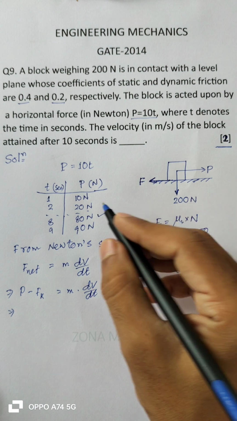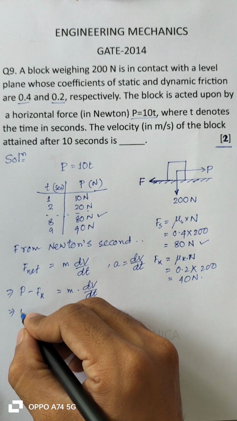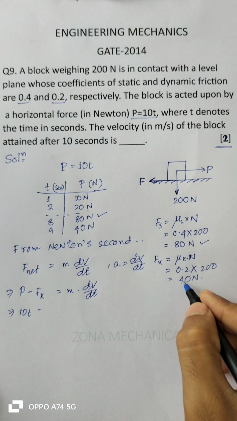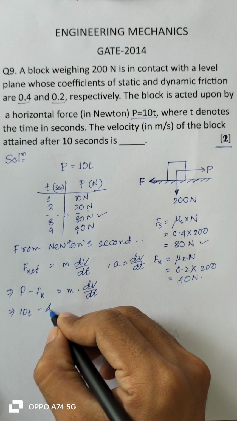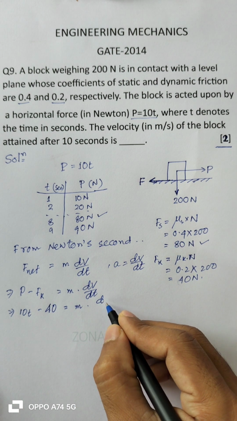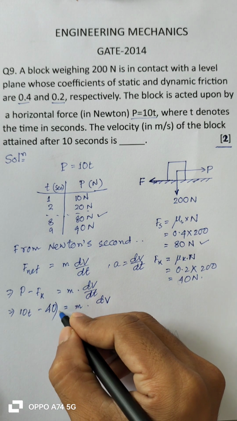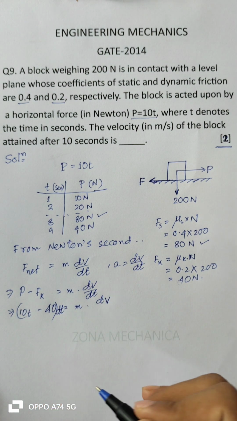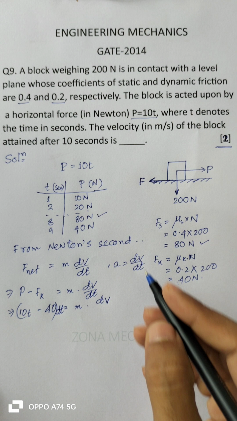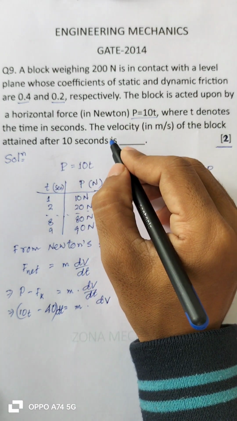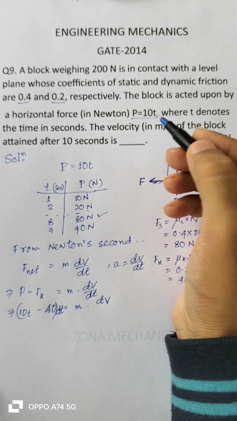P is nothing but 10t, so 10t minus Fk, where Fk is 40 Newton, is equal to m into dv/dt. Now we have to calculate the velocity attained after 10 seconds.